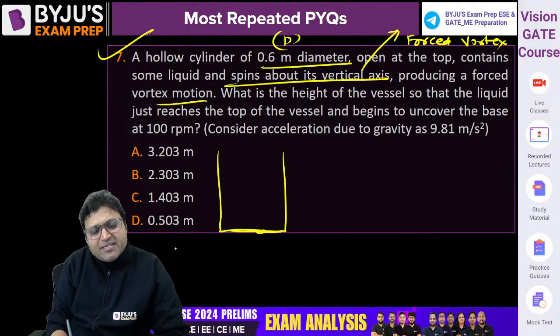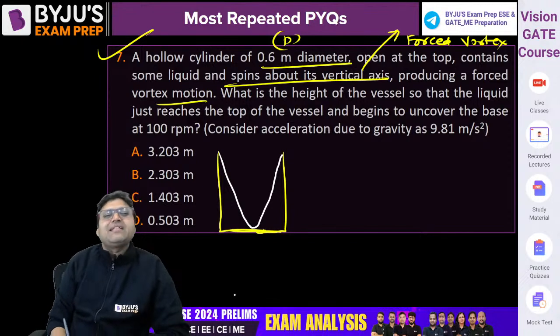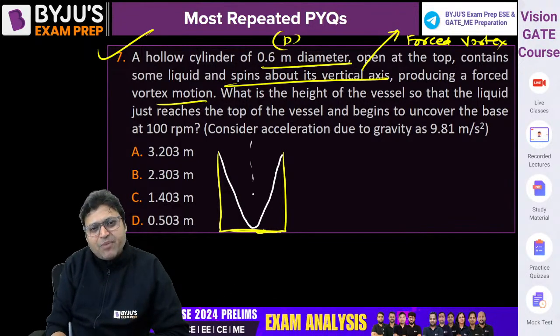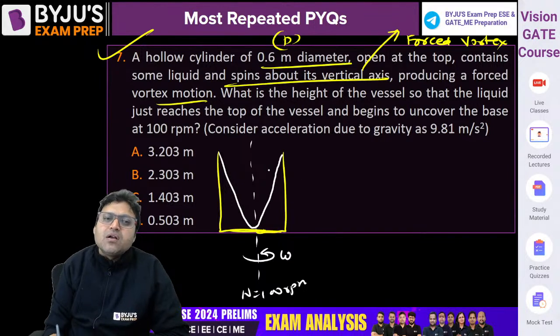So this is the base. It is about to uncover the base and it is touching at the top like this. This is how the shape of the paraboloid will be when N is equal to 100 rpm. So this is ZP.